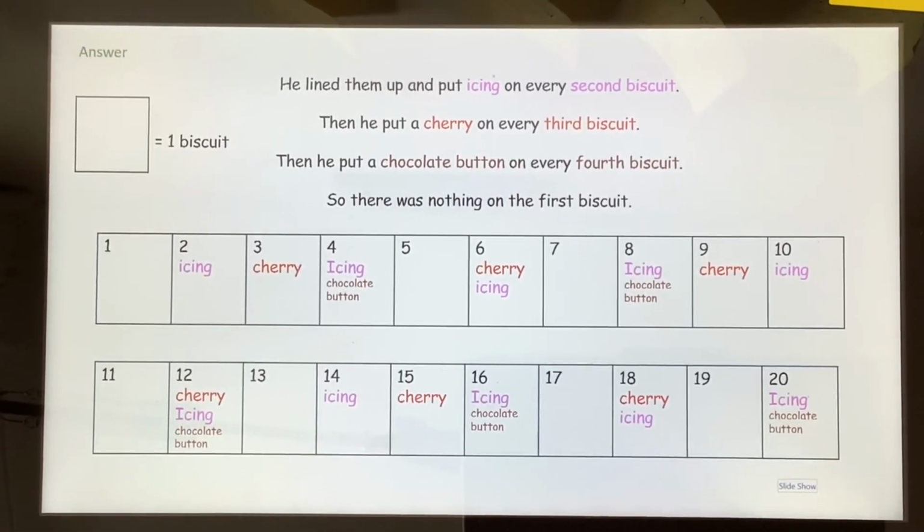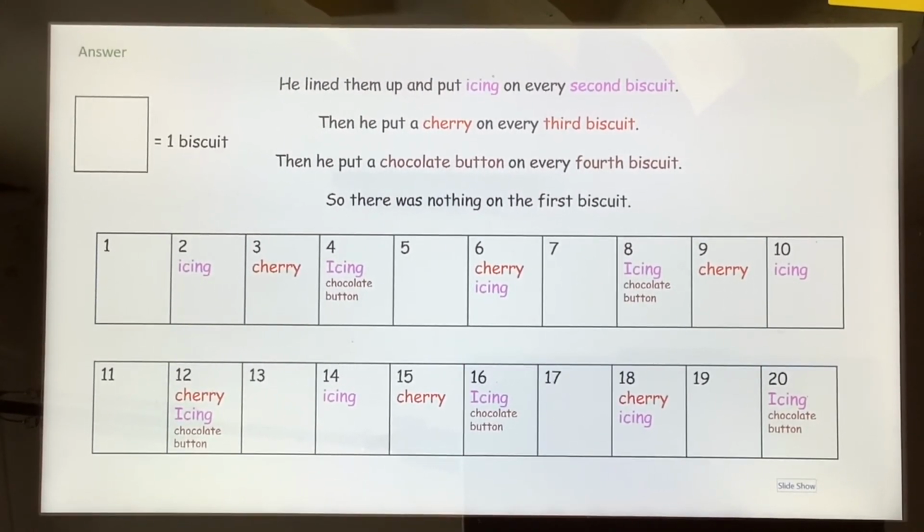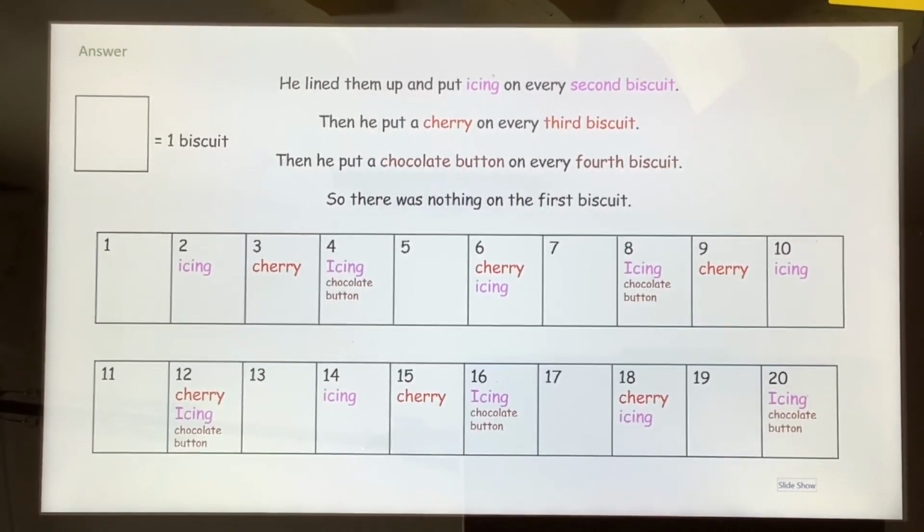But I wonder if you could extend this further if you've been quite quick at this at home. Can you think about what number would be next? What biscuit would be next to have all 3? And what if you added in a 4th decoration that happened on every 5th biscuit? When would be the first one to have all 4, and how many can you think that would have all 4 decorations? You could choose anything.